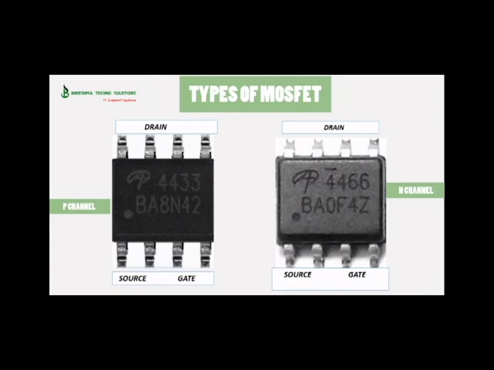Come, let us learn how to check these MOSFETs with a multimeter. You have to check the continuity between drain and source. Select the continuity range on the multimeter and, in the case of a P channel MOSFET, keep the red probe at the drain and the negative probe at the source of the MOSFET.